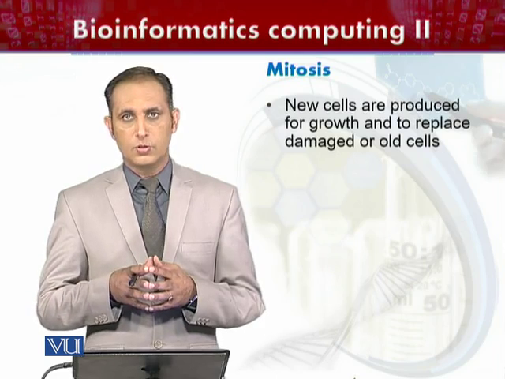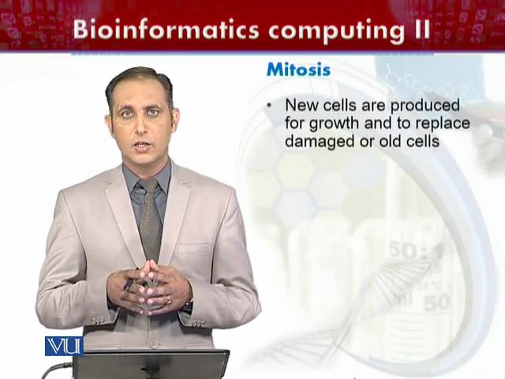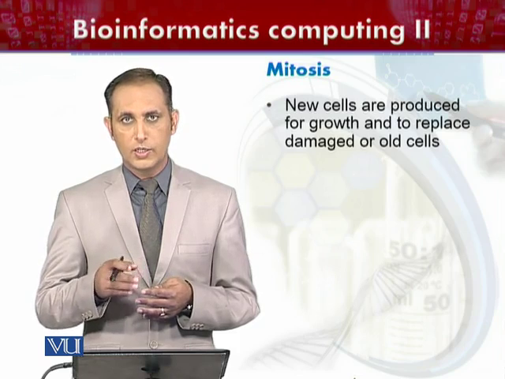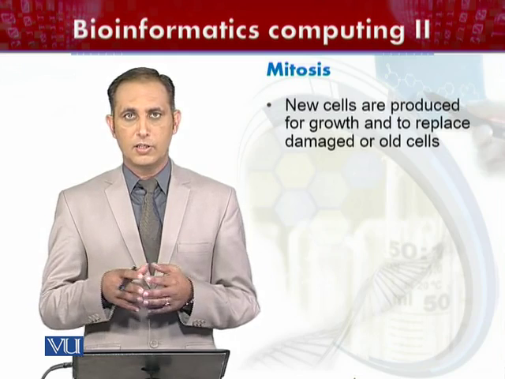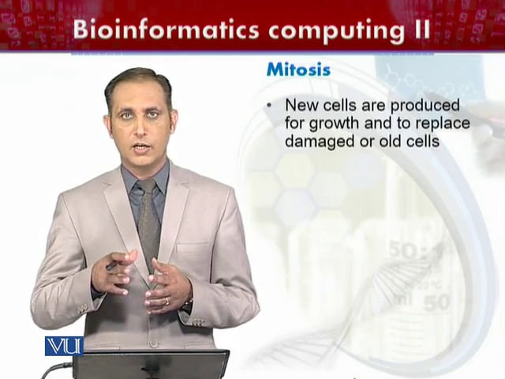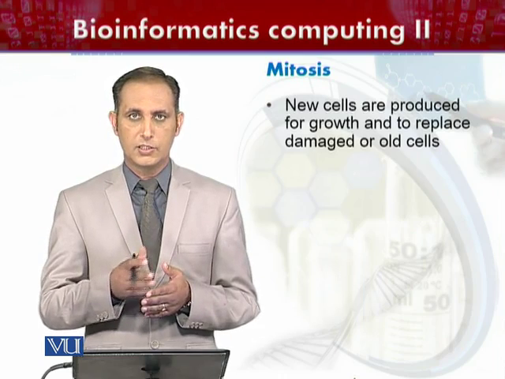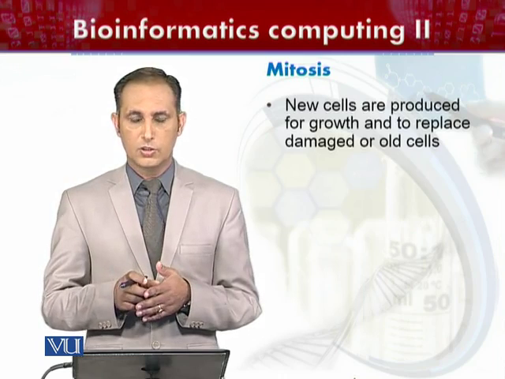If we refresh our previous concepts, we know that new cells arise in the body either for growth, or to replace older cells, or to replace damaged cells. Wherever there is damage or injury to the body, mitosis takes place there to replace these damaged or old cells from that specific location.